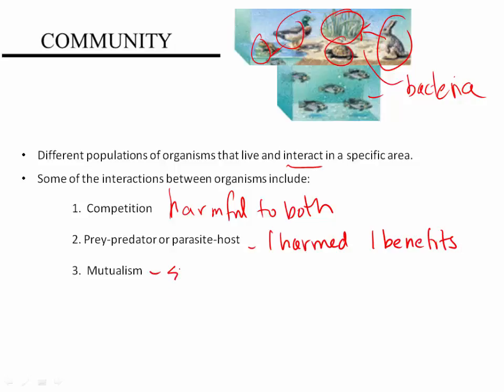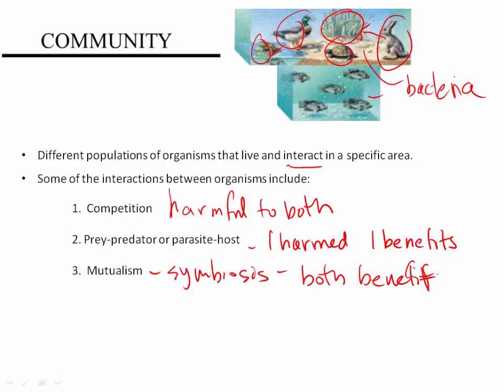A lot of times you'll see this as symbiosis, where both organisms benefit from the relationship or the interaction that they have. Once again, this is just an overview, so you've probably already gotten into this in more detail, but it's a little reminder as to what those interactions can possibly be.